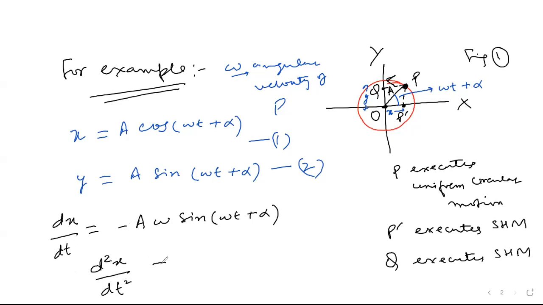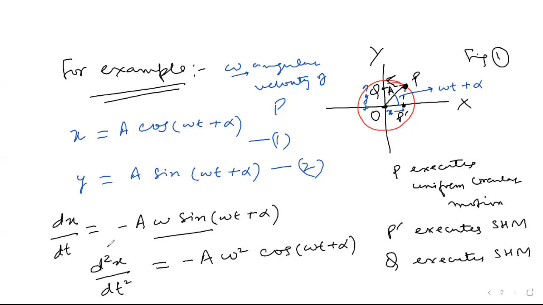It is simply the derivative of this thing, which is minus a omega square cos omega t plus alpha. When we differentiate dx by dt with time, differentiation of sine is cos, and we get one more omega outside, so it becomes minus a omega square cos omega t plus alpha.